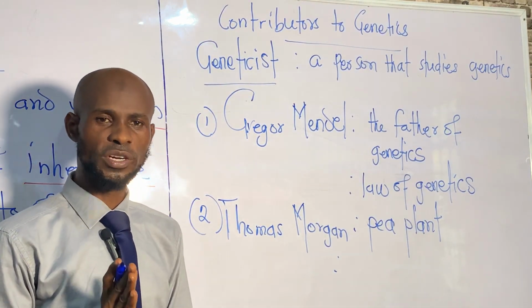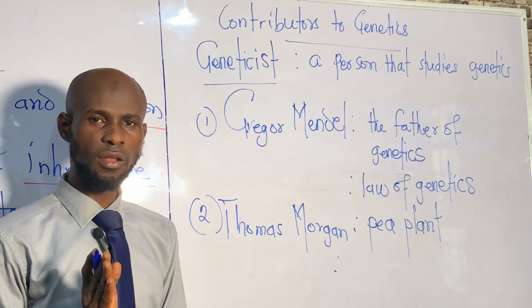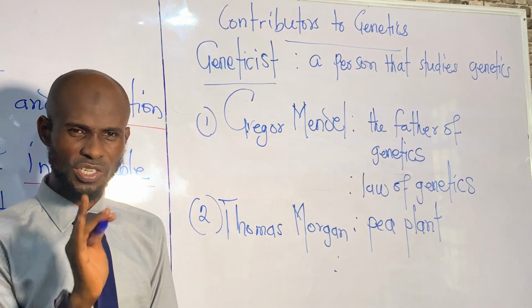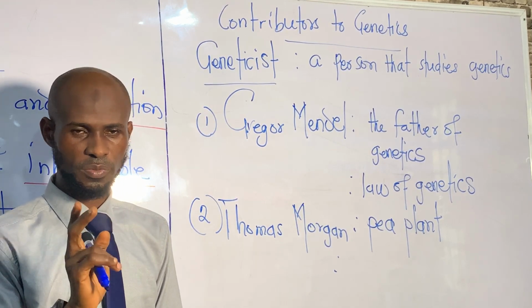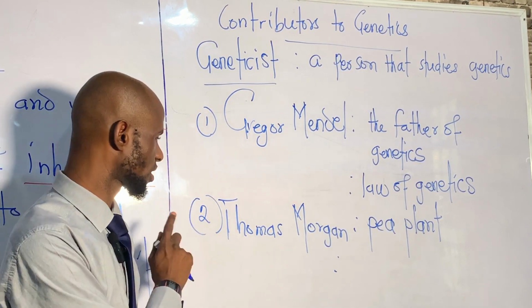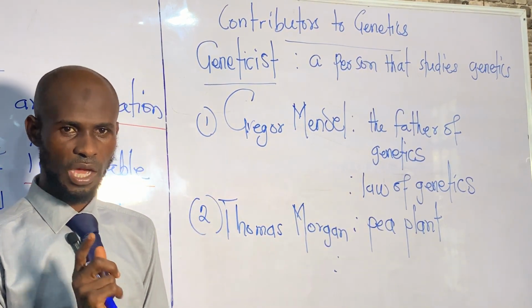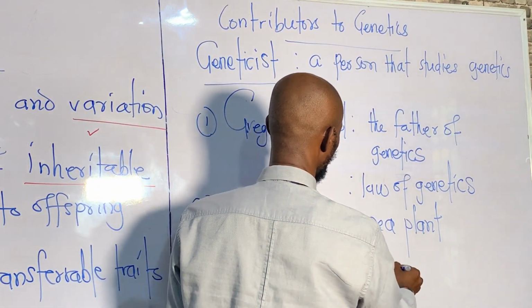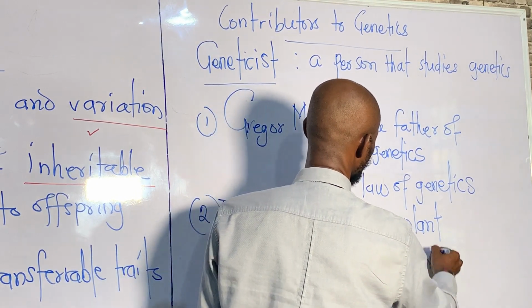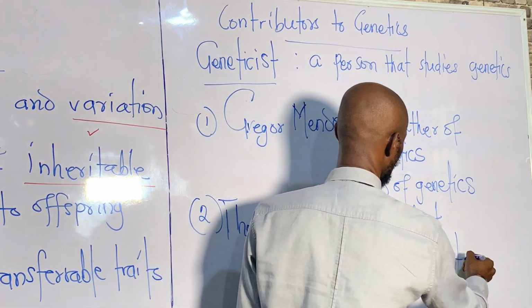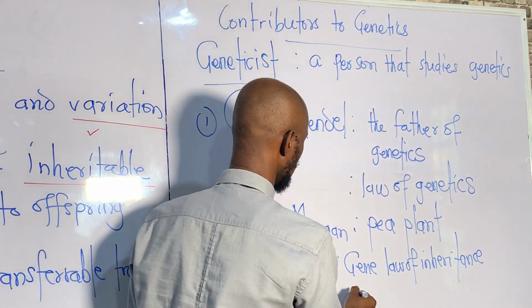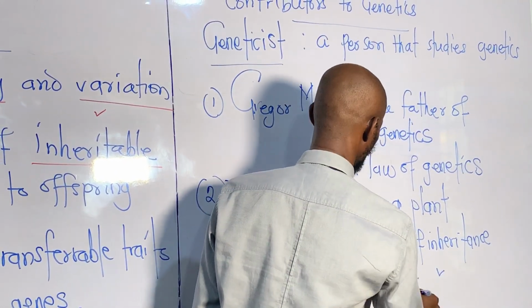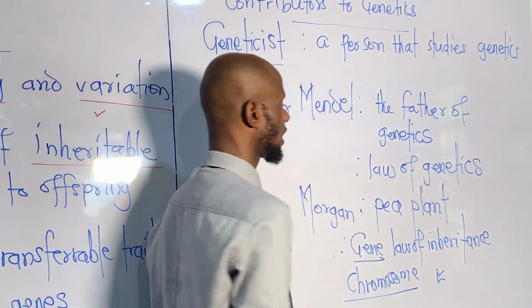Thomas Morgan discovered what is called the gene law of inheritance, or the chromosome law of inheritance. Once you remember gene and chromosome, it is easier for you to know what Thomas Morgan discovered. Are you there? Don't forget that the gene is located on the chromosome.